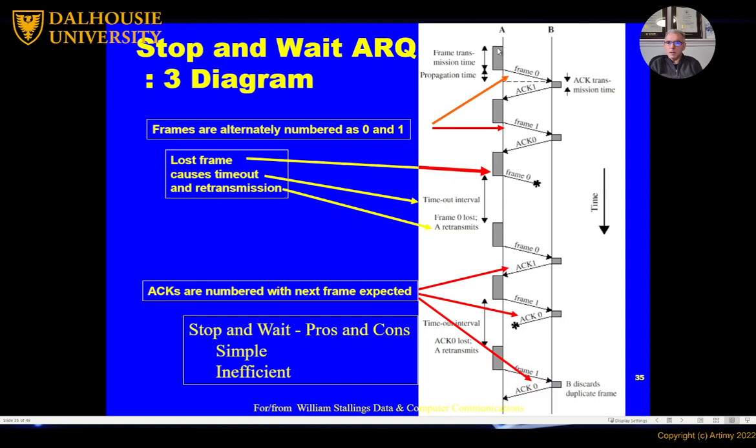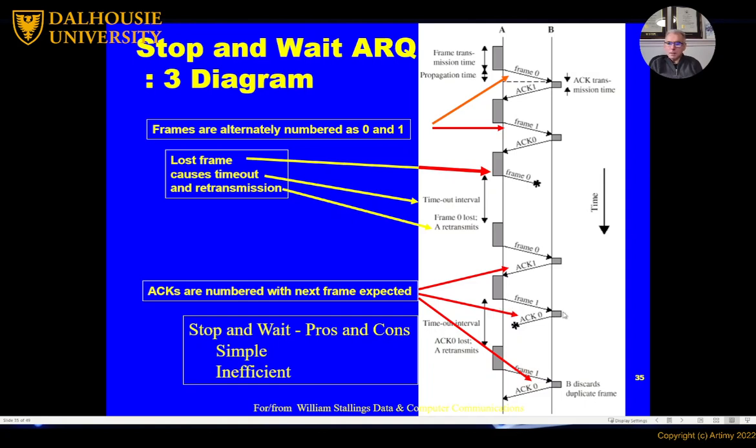So I'm transmitting a frame, the frame is received, transmitting acknowledgement, frame 0 acknowledged with AC1, so sending frame 1, AC0, sending frame 0, the frame 0 never arrives, and of course B, because it didn't receive frame 0, doesn't send an acknowledgement. So A waits for a certain amount of time and then sends frame 0 again. Now B receives 0 correctly, so it sends AC1.